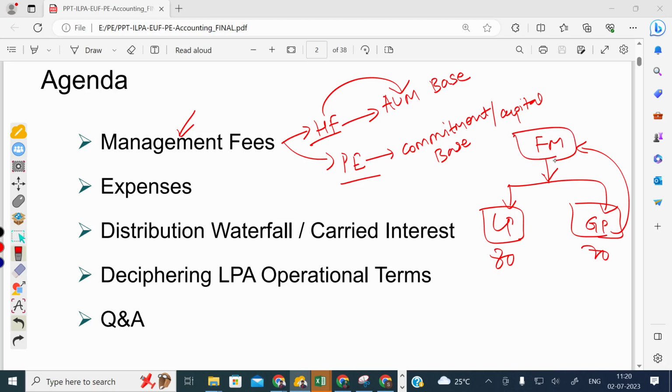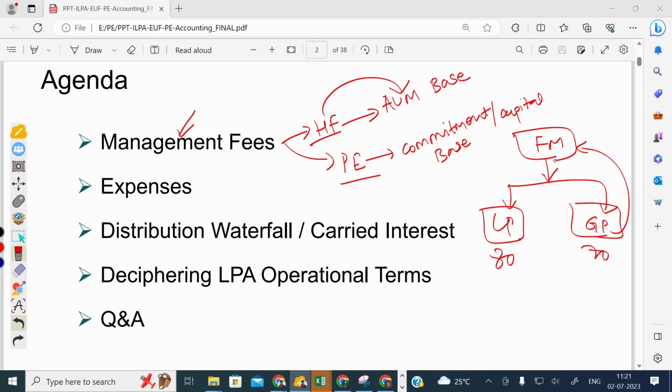As I already told, if the fund manager, let's say LP and GP, don't process management fees, then he will not receive his salary. Simple. It's an operating expense, whether the fund performs well or not, he will still receive his fees in the percentage defined.